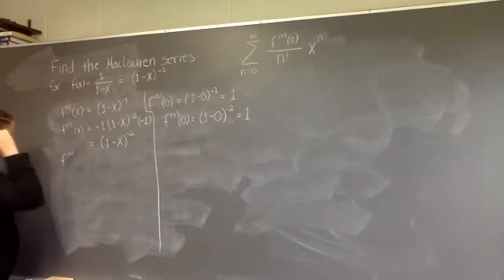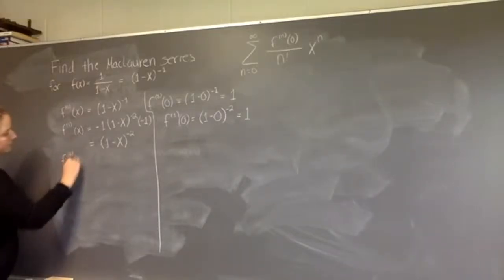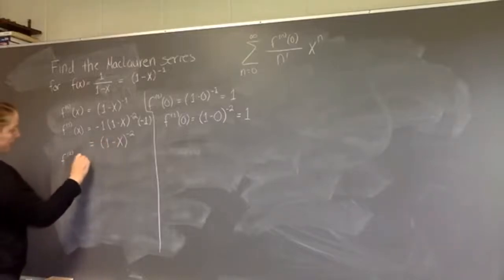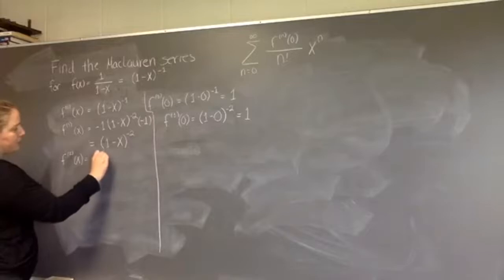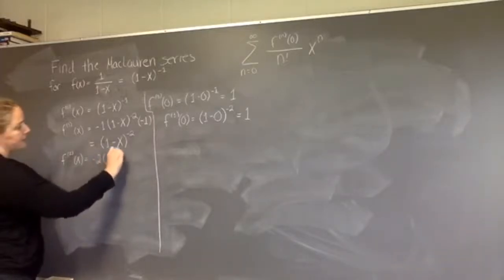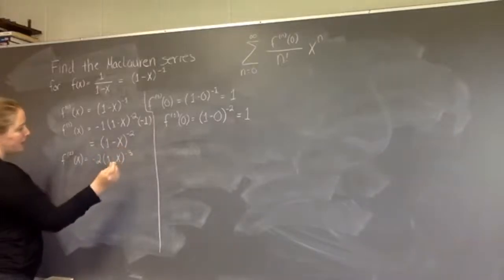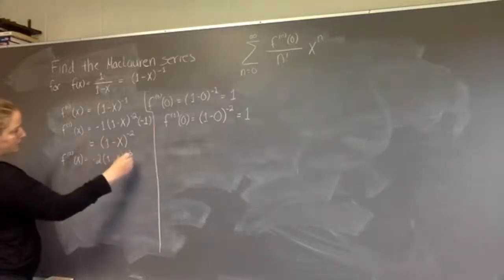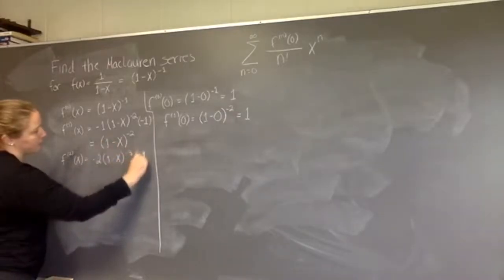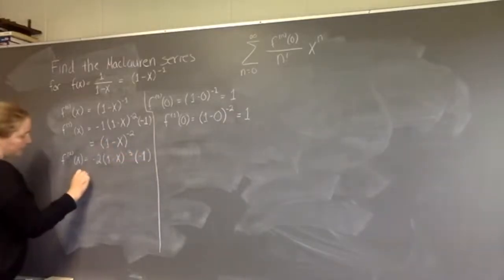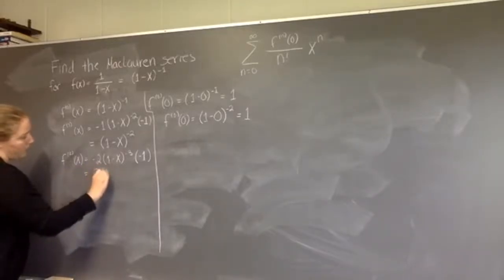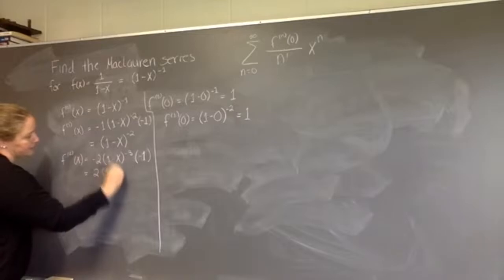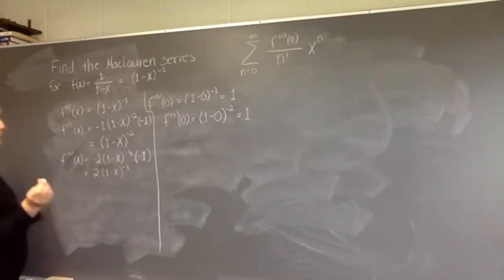The second derivative is, again, we use our power rule and chain rule, so negative 2 times 1 minus x to the negative 3, and then we do the chain rule, so we have to multiply by negative 1, and we end up with 2 times 1 minus x to the negative 3.